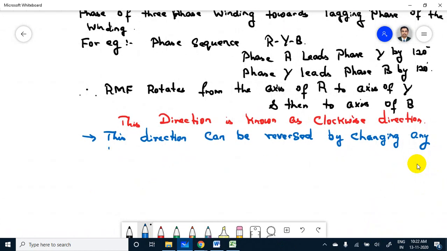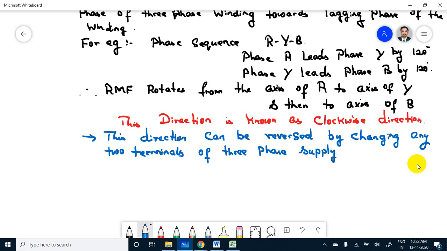Any two terminals of three-phase supply, or we can say winding.